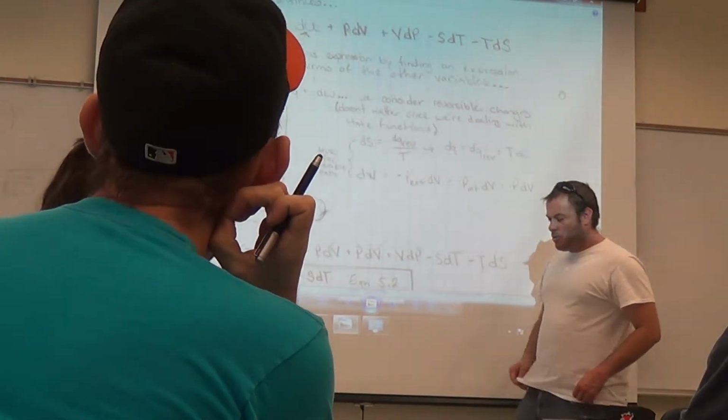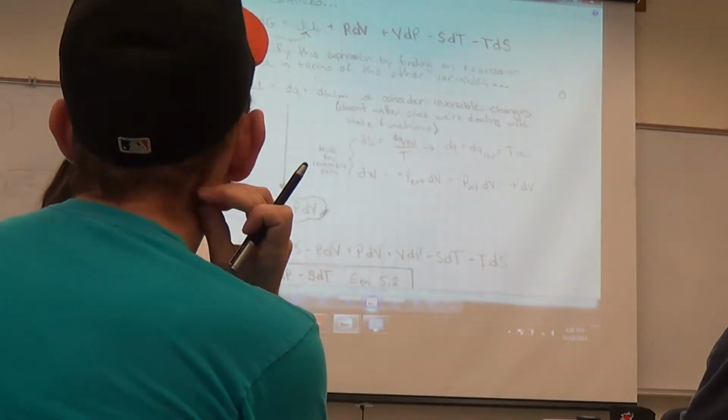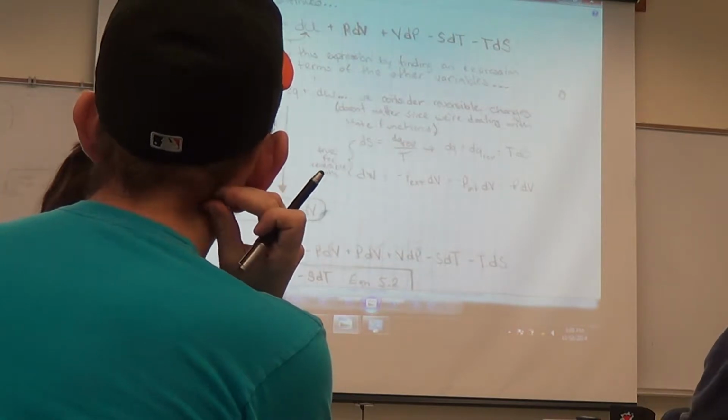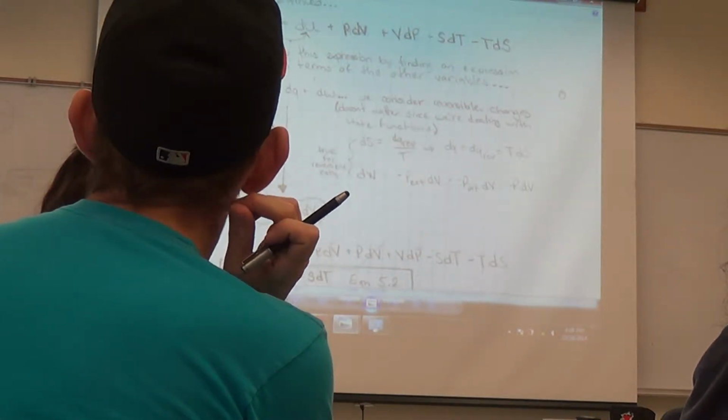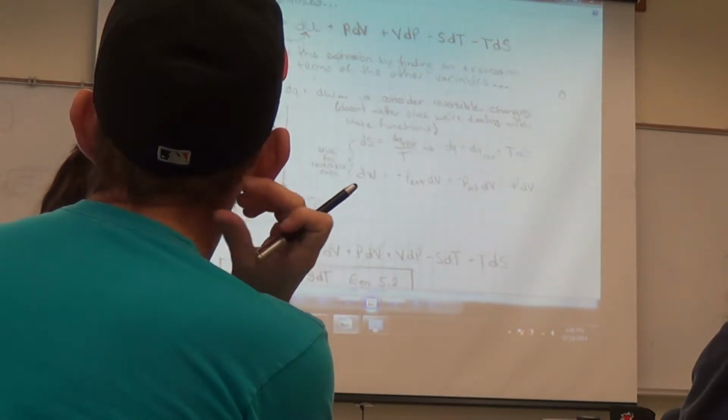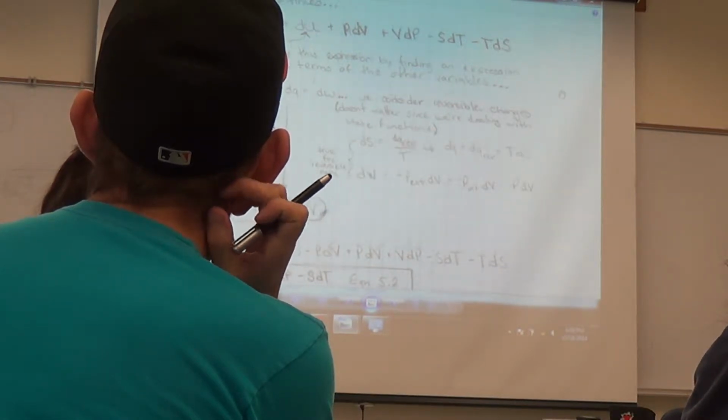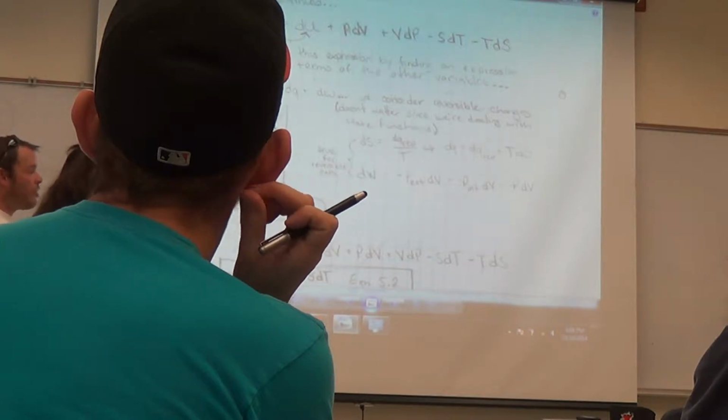So now we're going to take advantage of the fact that g is a state function. Because g is a state function, we can evaluate changes in g along any path that we want, and as long as we've evaluated correctly, those changes will be appropriate for all paths.